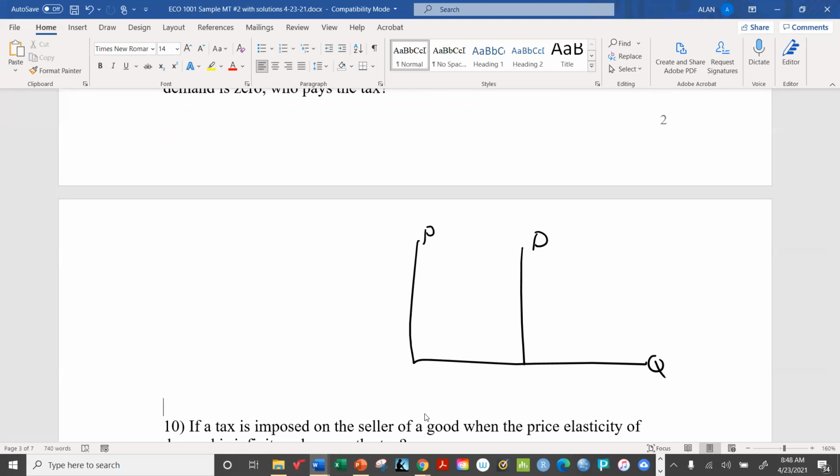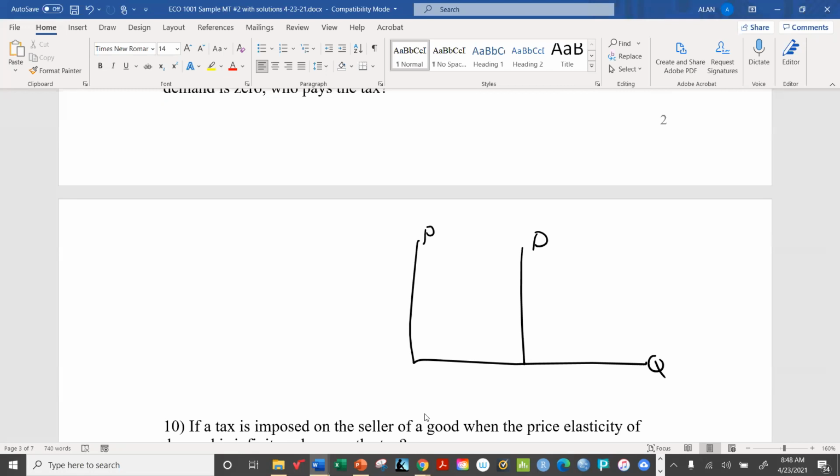Having more of it doesn't do them any good, and having less of it doesn't do them any good. For example, what if this is the market for insulin? Let's say that diabetics have to have a certain amount of insulin to survive. I don't know if this is true or not, but let's say that if they don't get enough, they'll have severe health consequences, but having more doesn't help them at all. So they'll buy a fixed amount no matter what the price is, because that's what they need.